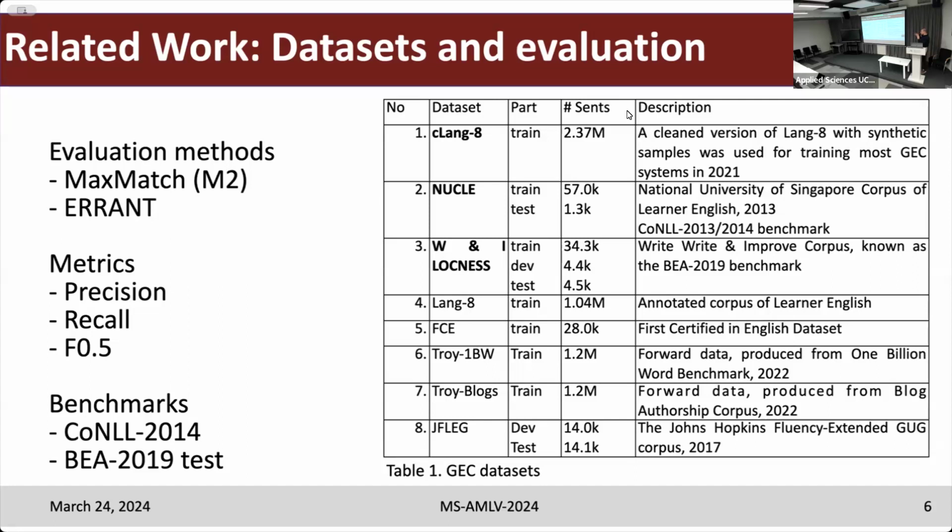The Lang-8 is maybe one of the classics, and it contains as a part the CoNLL 2014. Another one is the Write & Improve dataset with a hidden test set.